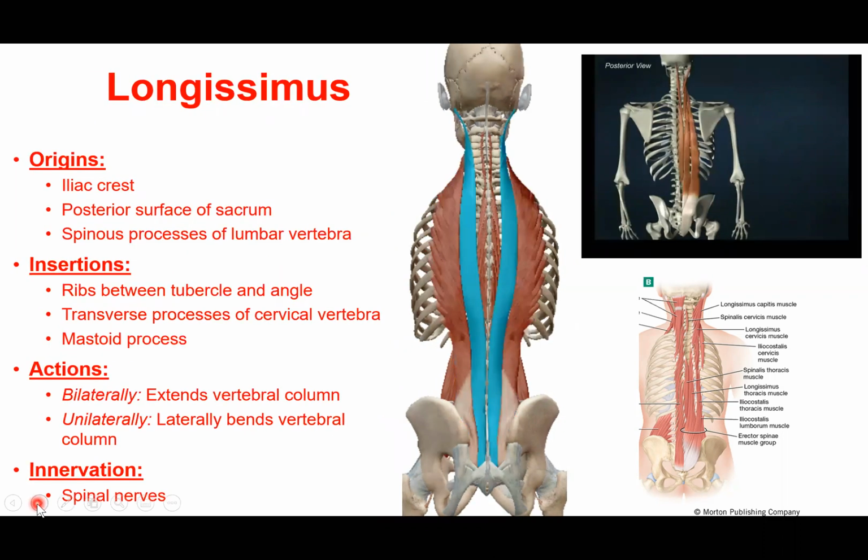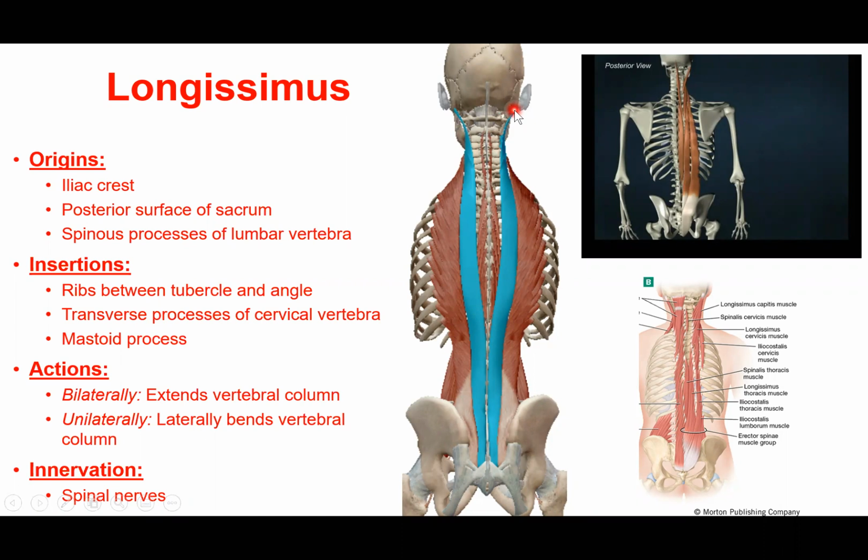So next we have the longissimus. And remember, that's the one that's sort of in the middle here. This one originates on the posterior surface of the sacrum, the spinous processes of the lumbar vertebra, and also slightly on the iliac crest, and inserts into the ribs between the tubercle and the angle of the rib, also to the transverse processes of the cervical vertebra, which we see up here inserting into those transverse processes, and then lastly into the mastoid process.